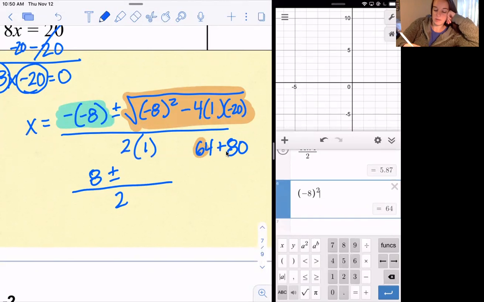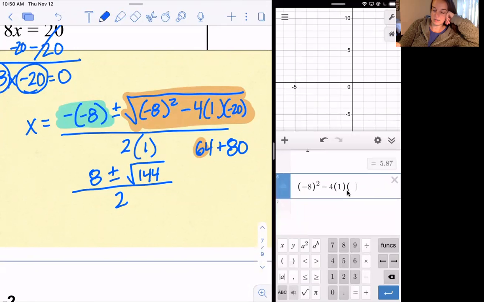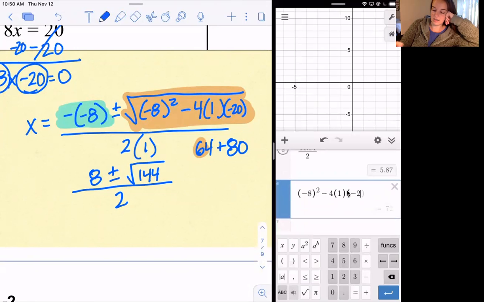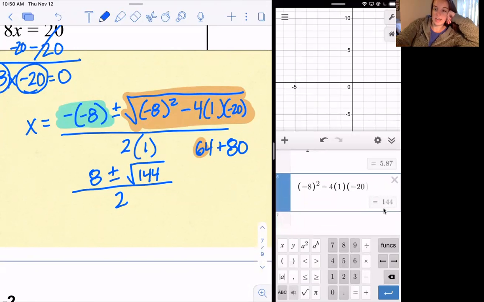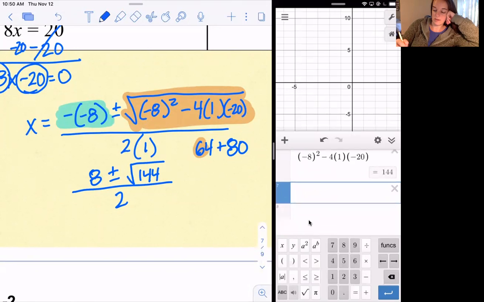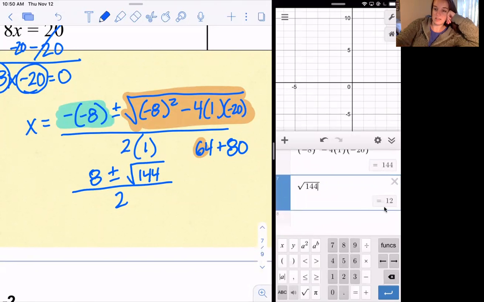So I know that's going to be the square root of 64 plus 80, which is 144. In your calculator, you can just keep typing minus 4 times 1 times negative 20, like that, and you get 144. So you can see that's why I put that 144 there. The square root of 144 is 12 because 12 times 12 is 144.